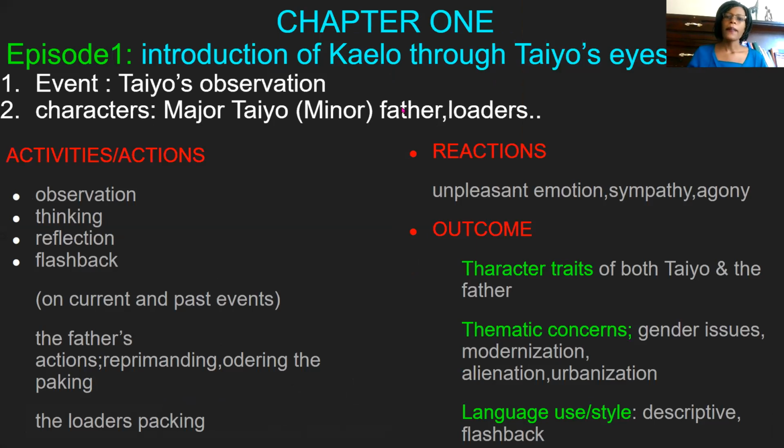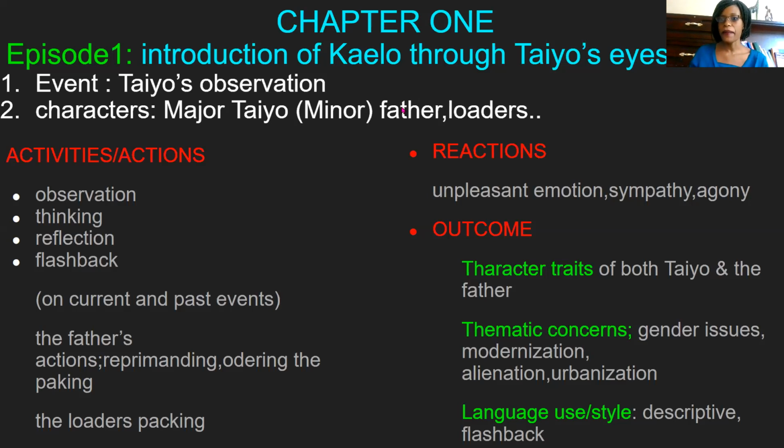So what I've done here, I've looked at episode 1. The episode is the introduction of Kaelo through Taiyo's eyes. Kaelo here is the father. We are getting to learn of Taiyo, and at the same time the author is introducing Taiyo and the father.